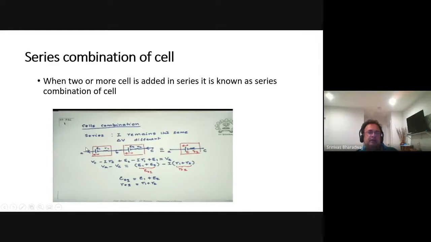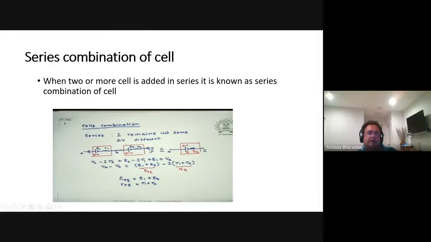So the effective voltage in an open circuit will be E1 plus E2 between these two points when there is no current. When there is a current, the voltages across the internal resistors will have to be added. So VC minus IR2 plus E2 minus IR1 plus E1 equals VA.